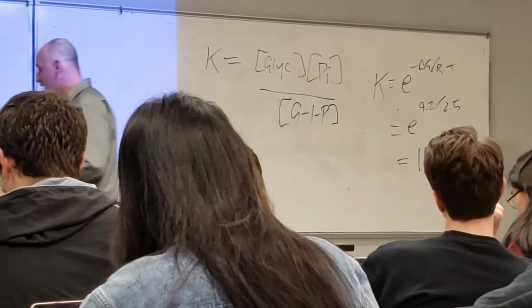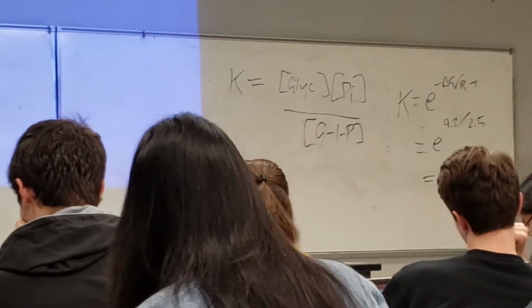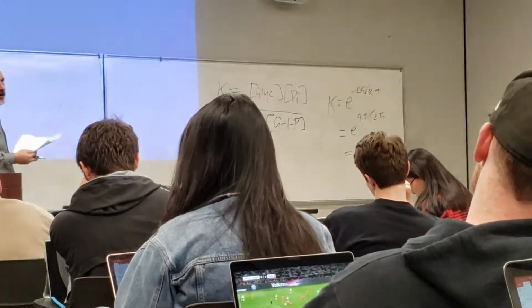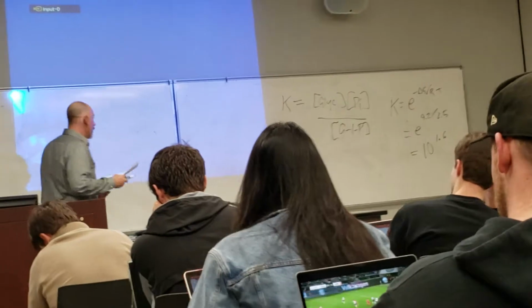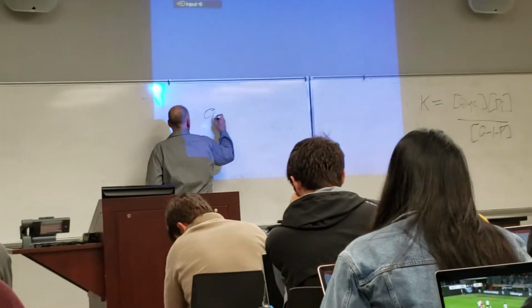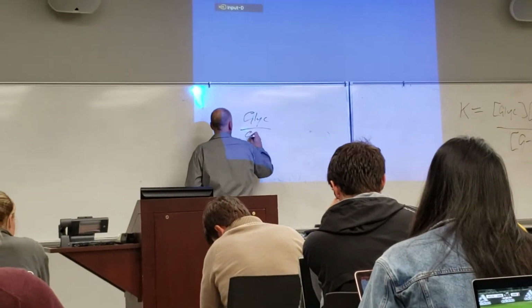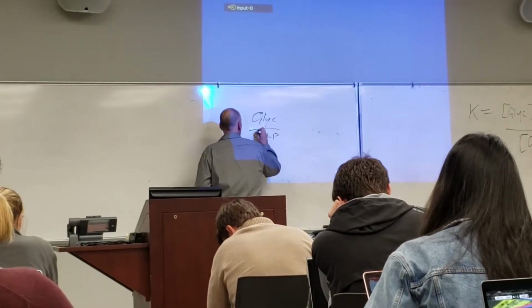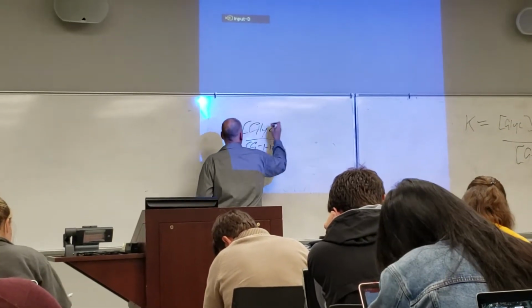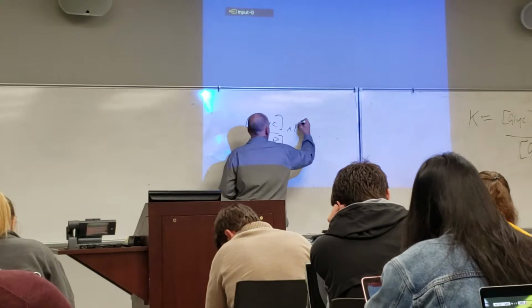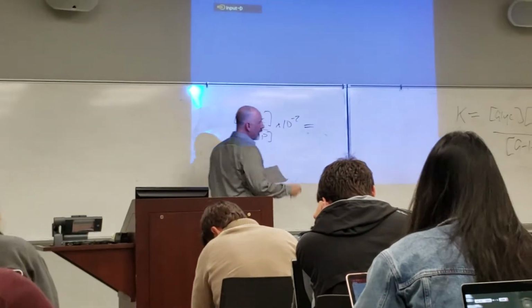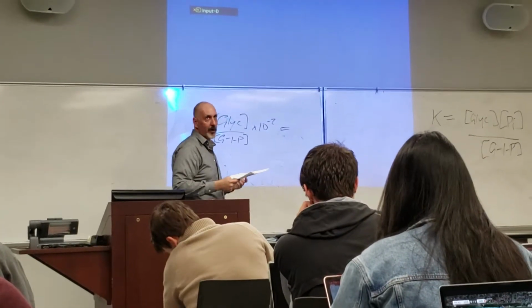You can multiply that out if you want. So now I do the situation where I know the inorganic phosphate concentration. So glycerol over G1P times 10 to the minus 2 is all equal to 10 to the 1.6.